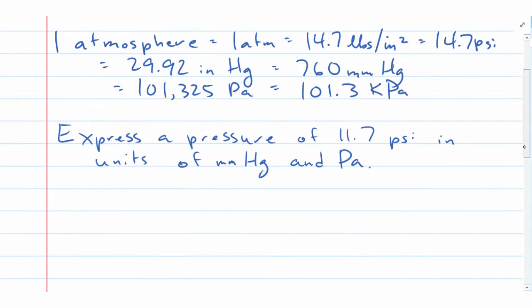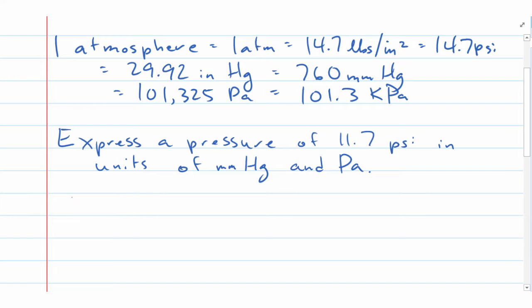So we're going to start with the first one here. We'll start with what we're given. And what are we given? PSI. How many PSI? 11.7. All right, so remember with dimensional analysis, we always start off with what we're given. And for the first answer, what are we looking for?